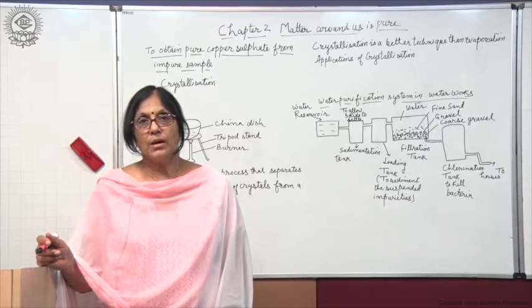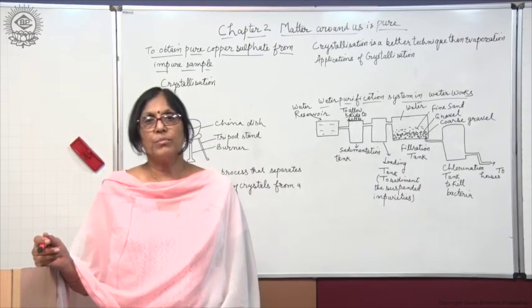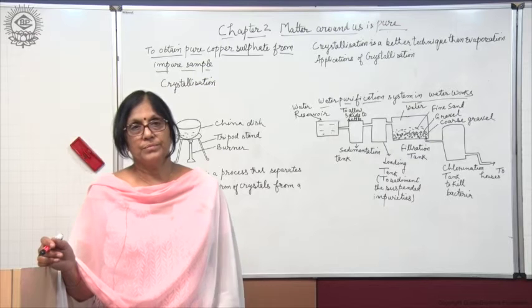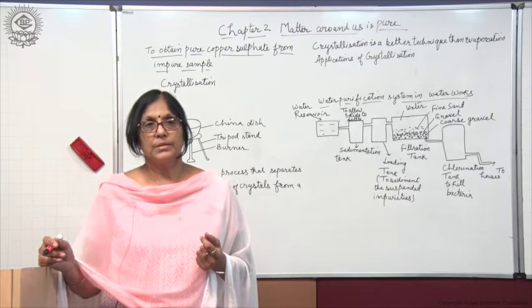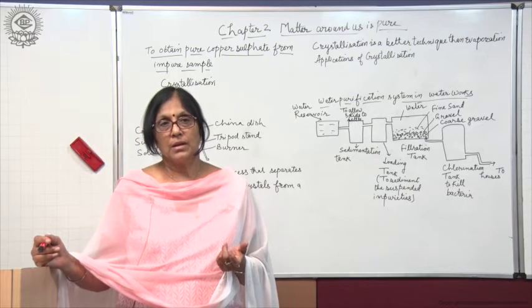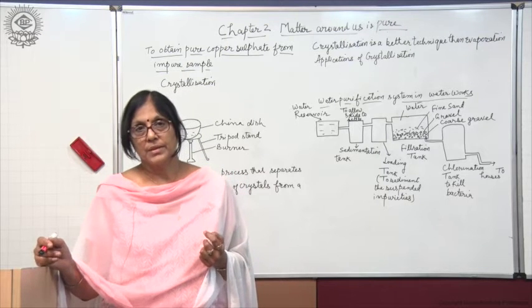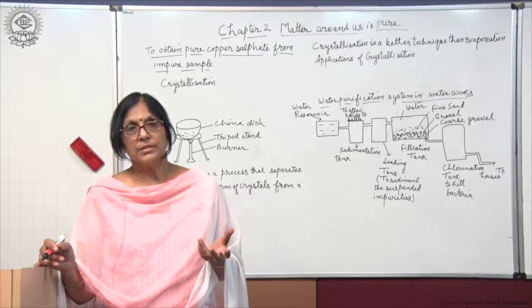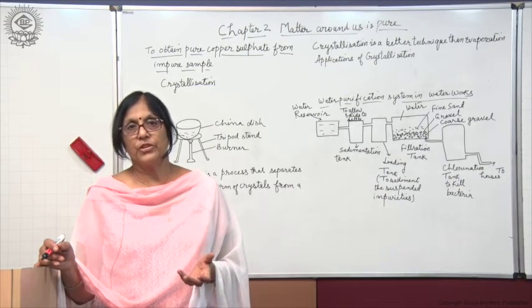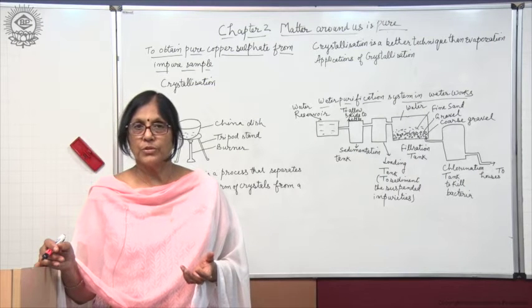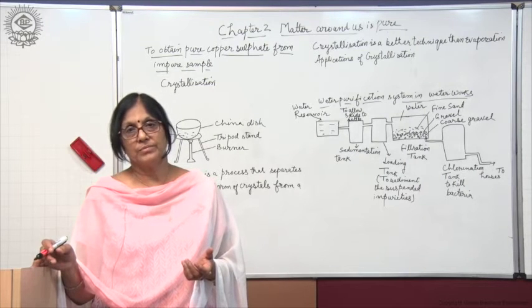Now, we will study how to get a pure solid from an impure sample. For this, let us perform an activity in the lab and also learn how it can be done. A pure solid can be obtained from an impure mixture by the process of crystallization.